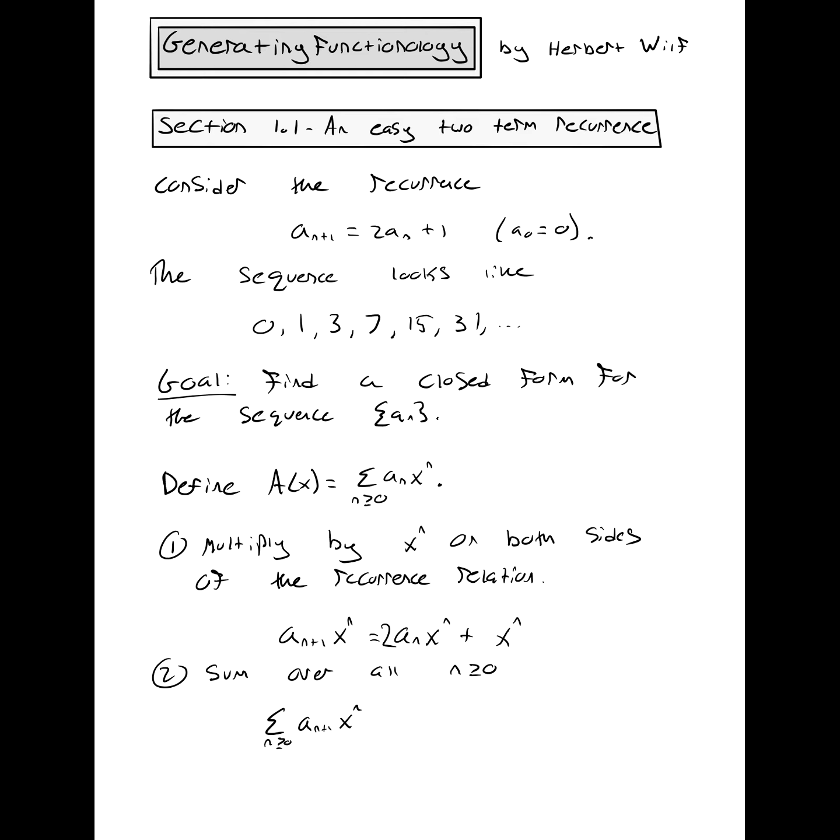So if I just sum n greater than or equal to 0, a sub n plus 1 x to the n, similar. Let's just write it out. The middle term, this one right here, is actually going to be just 2 times A of x.